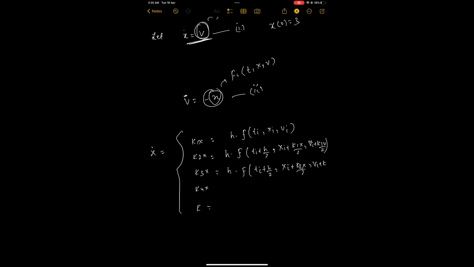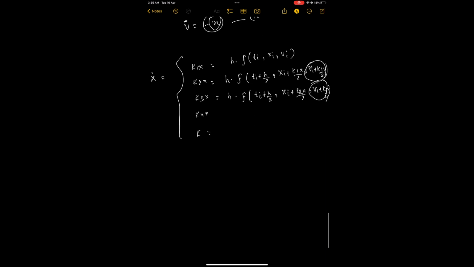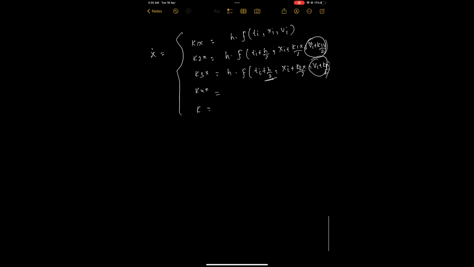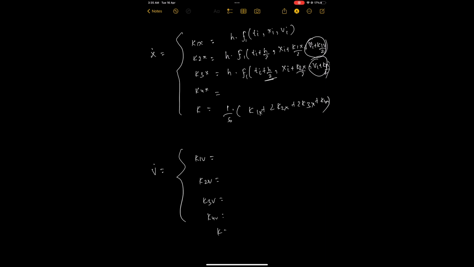So it is similar to the RK4 method for first order ODE, and the only difference is that we have to add this term extra. Similarly for k4x we don't have anything in the denominator, and we calculate k like that: 1 over 6 of k1x plus 2 k2x plus 2 k3x plus k4x. And for v dot we similarly have to put f2, and calculate k1v, k2v, k3v, k4v and k.